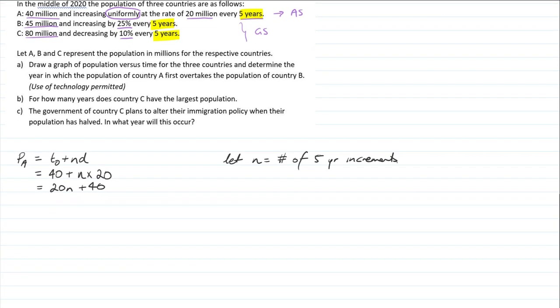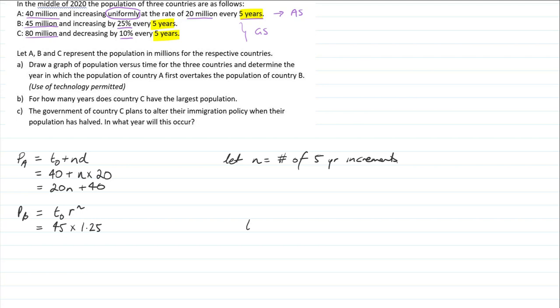Now my second one, which is PB, has a geometric pattern. In this case, it's in the form T0 again, times r to the power of n. Because I'm using T0, I'll use r to the power of n, not n minus 1. And in this case, my T0 is 45 million, and my r is 1.25.